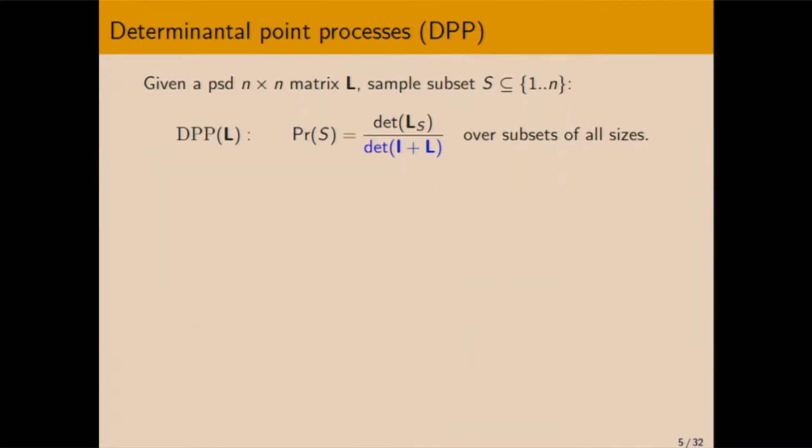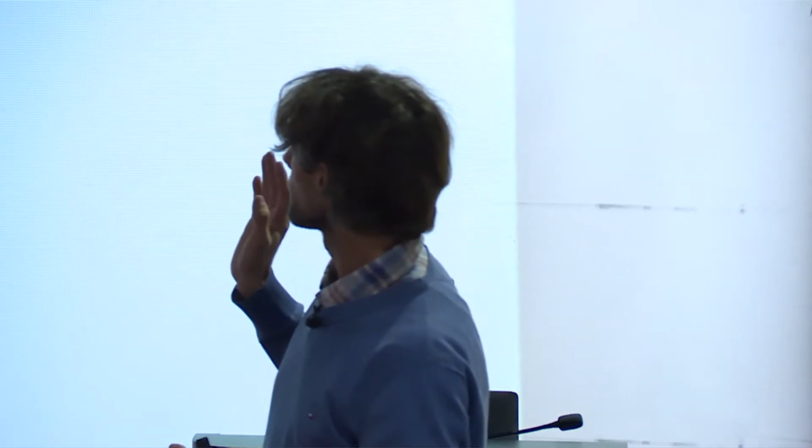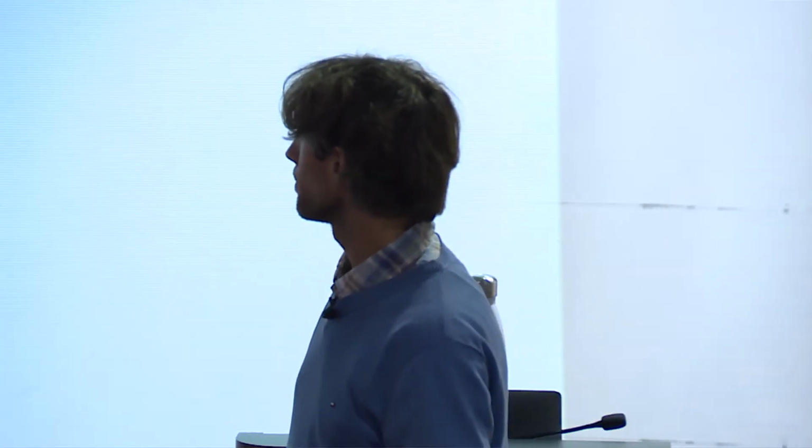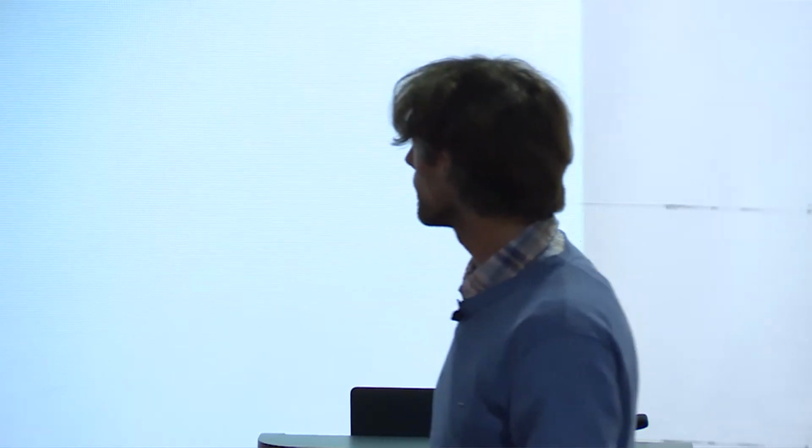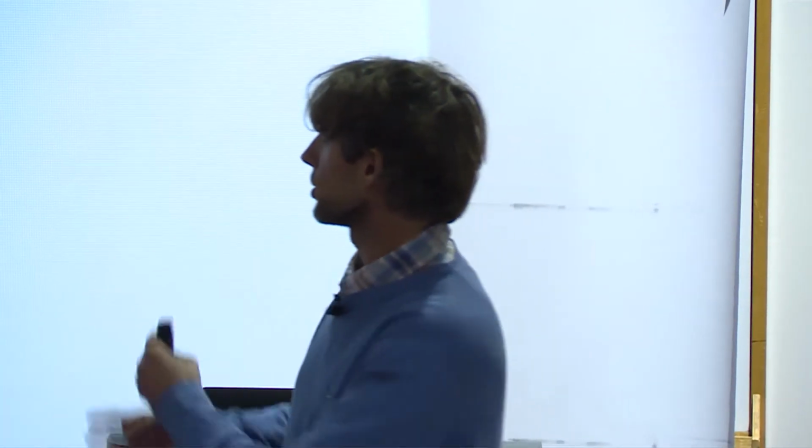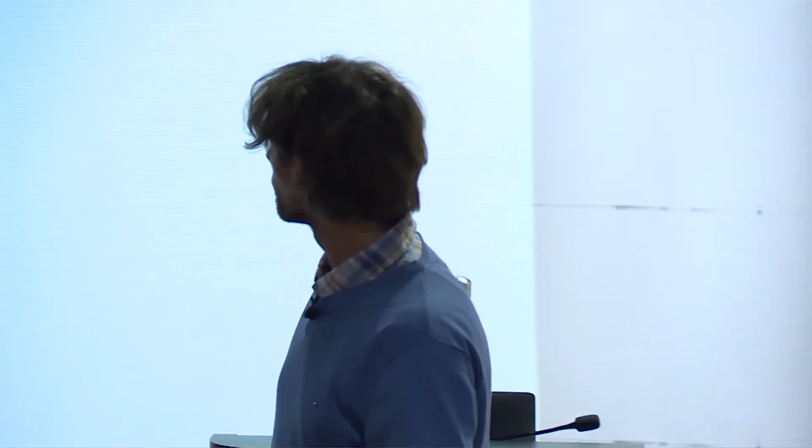One peculiarity about this definition is that we're sampling over subsets of all possible sizes, so all subsets of 1 to n. But generally, that's not really a problem. The distribution ends up being highly concentrated on a particular subset size that we can easily choose.